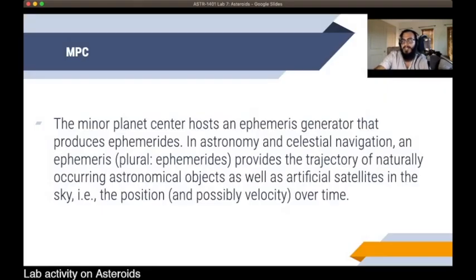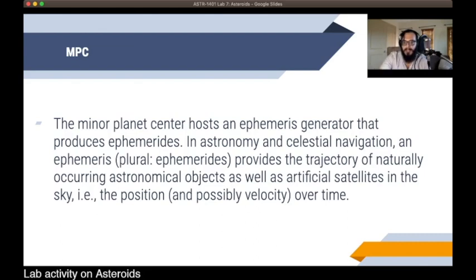The Minor Planet Center hosts an ephemeris generator that produces ephemerides. In astronomy and celestial navigation, an ephemeris, plural ephemerides, provides the trajectory of naturally occurring astronomical objects as well as artificial satellites in the sky. In other words, the position and possibly velocity over time.